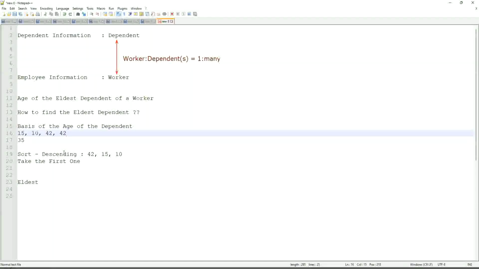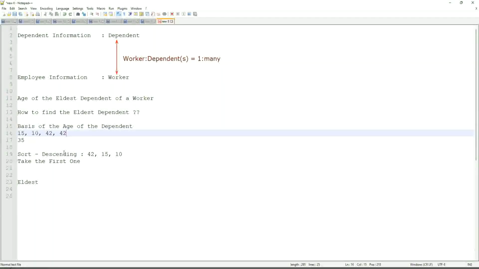Let's say if it is the same age, you are only looking for a spouse, not the child. Spouse and child most likely are not going to be the same age. But if there are multiple dependents, maybe you give a higher priority to the spouse. So in that case you have to think of another factor to act as a tiebreaker.